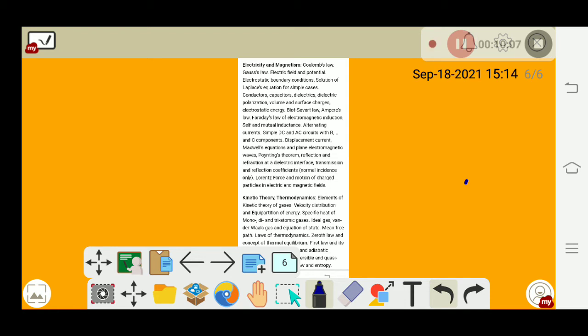You have Coulomb's law, Gauss law, electric field and potential, electrostatic boundary conditions, solution of Laplace and simple cases. For simple cases, conductors, capacitors, dielectric polarization, volume and charges, electrostatic energy, Biot-Savart's law, Ampere's law, Faraday's law, self and mutual inductance. Each and every portion is important. You can't leave this. I can't say this portion is important and that portion is not.